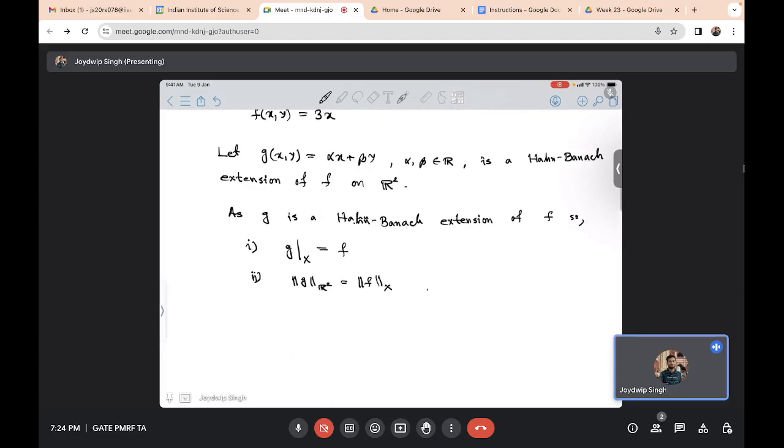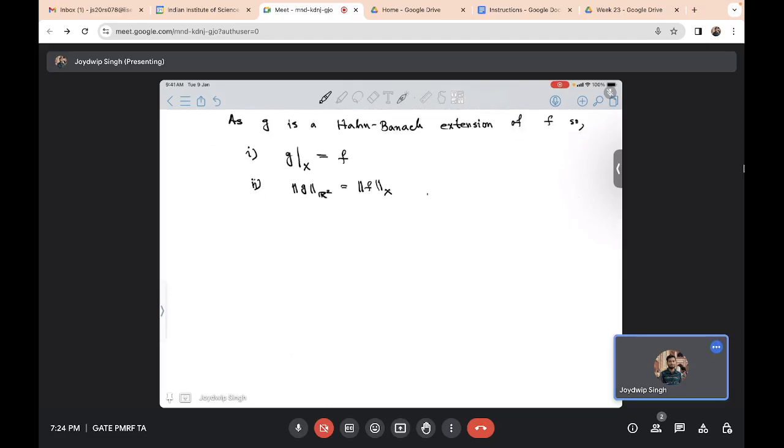So from condition 1, what will we get? G of (x,y) restricted to F, you will get F of (x,y), which is alpha x plus beta x, and this side it's 3x, as (x,y) in the set implies x equals y.